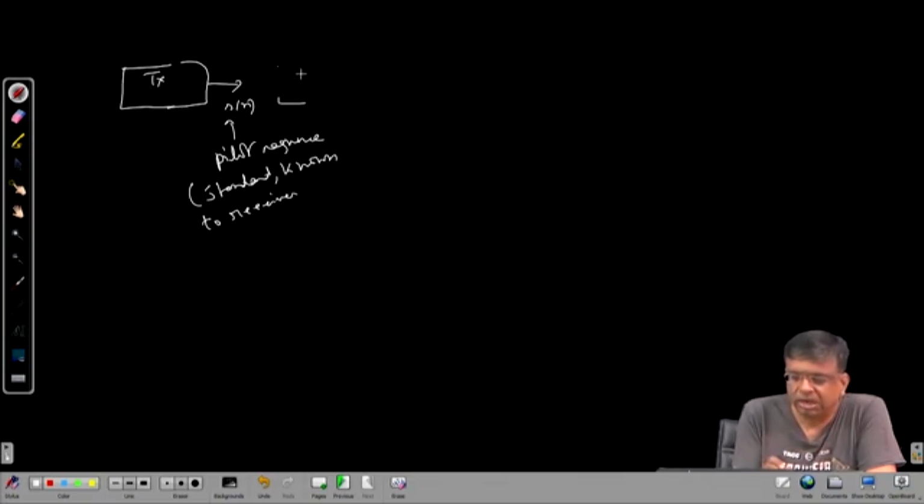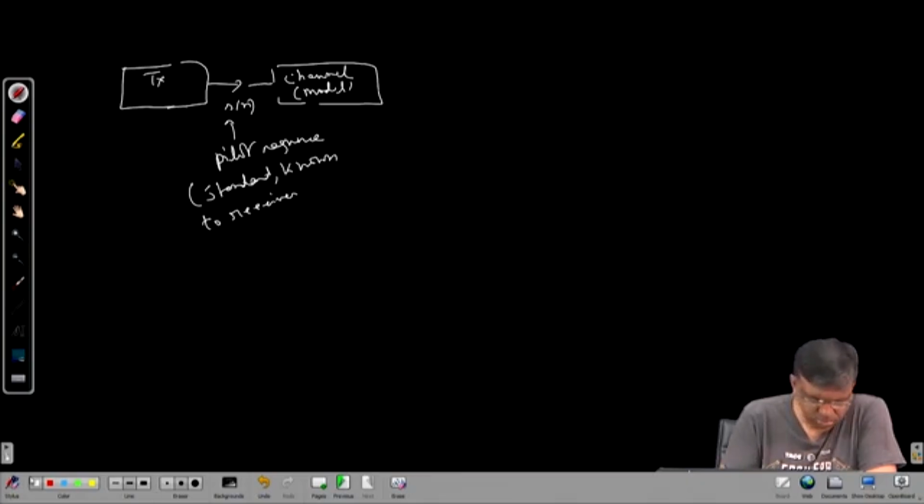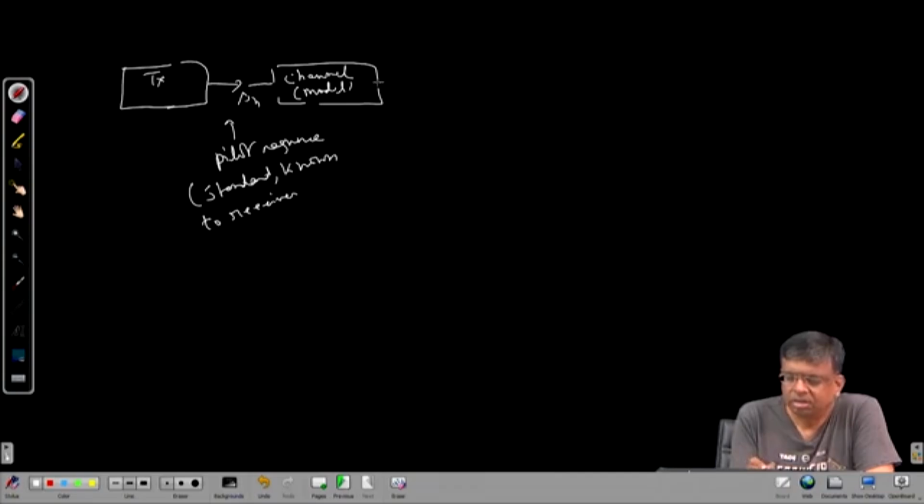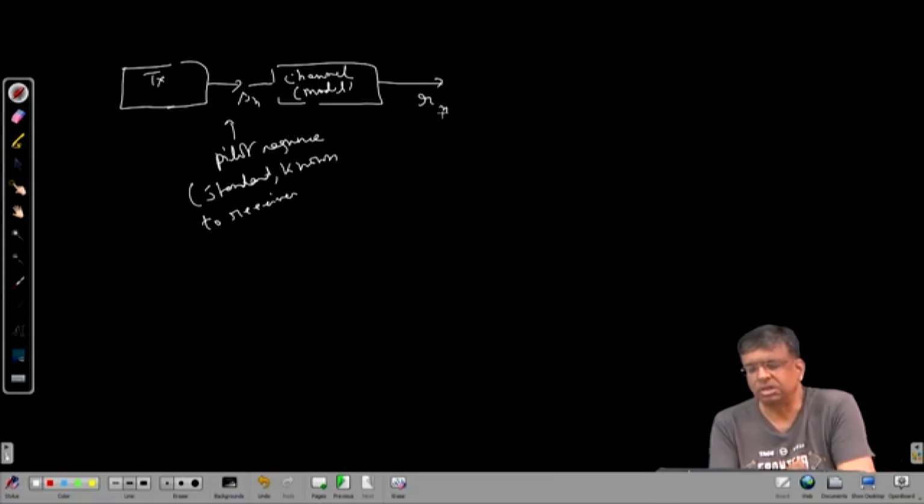It will go through the channel, meaning the channel model, because I am considering the discrete-time case. Let me use this notation, with the index as a subscript. What you receive is r[n], but you know what s[n] is.